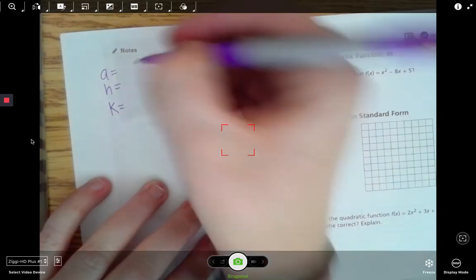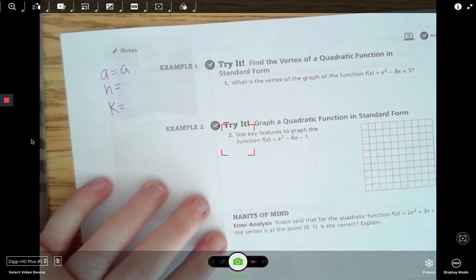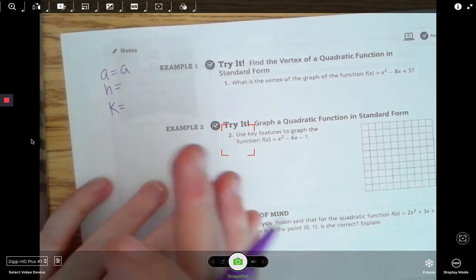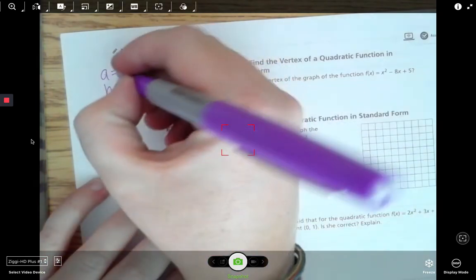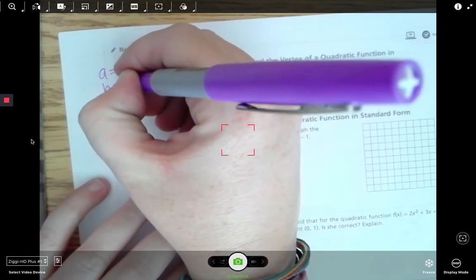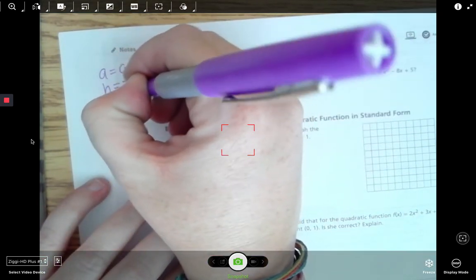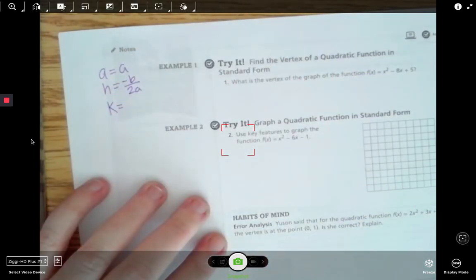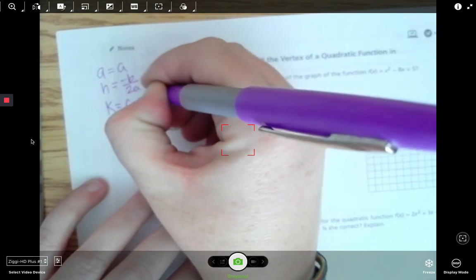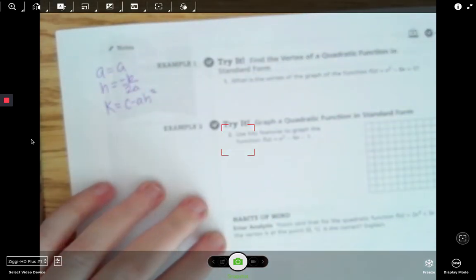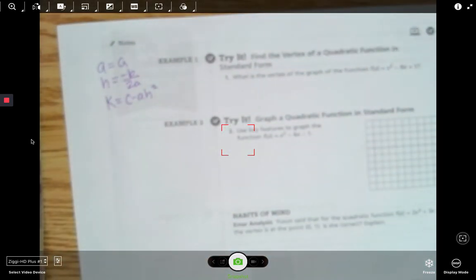So a is going to equal a, no matter what. You're going to see what I mean in just a second, hopefully. For h, we're going to use this formula, negative b over 2a. And for k, we're going to use the formula of c minus h, or, excuse me, a times h squared. We're just going to use all these formulas to figure out the vertex.